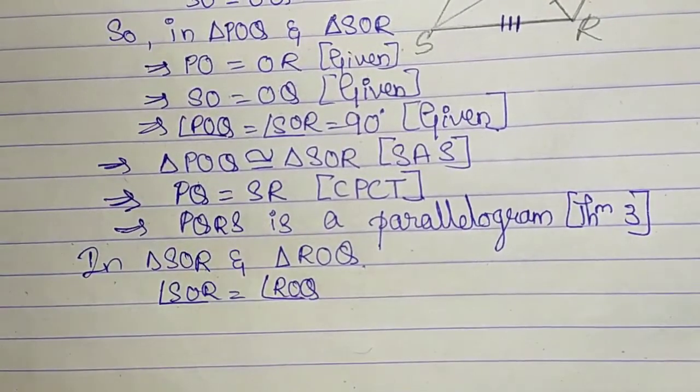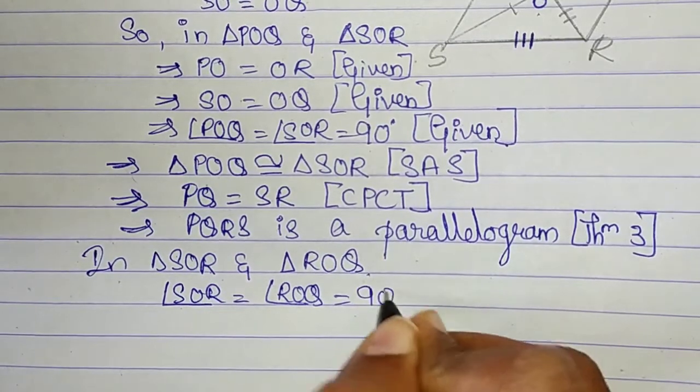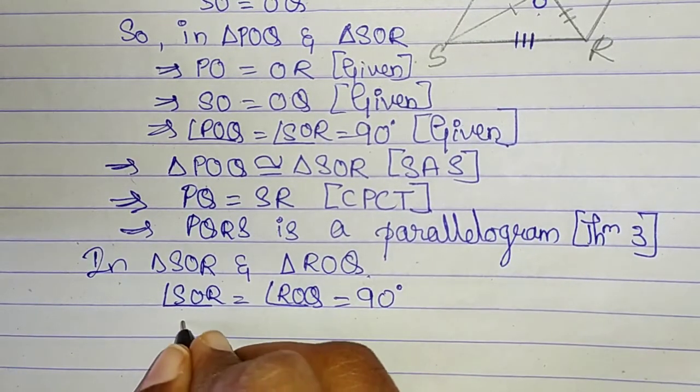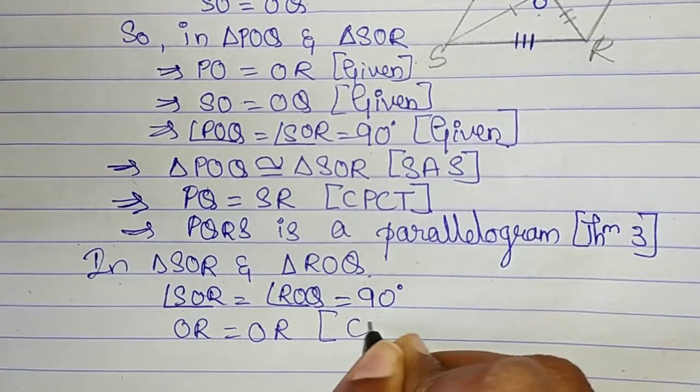Angle SOR is equal to angle ROQ because they are each equal to 90 degrees. Similarly, OR is equal to OR. It is a common side.